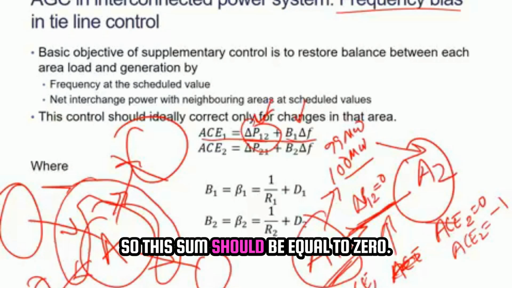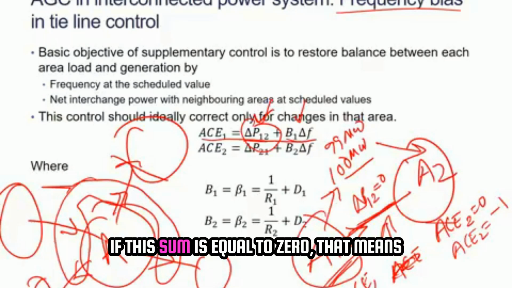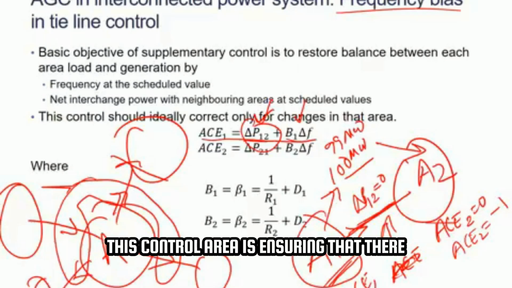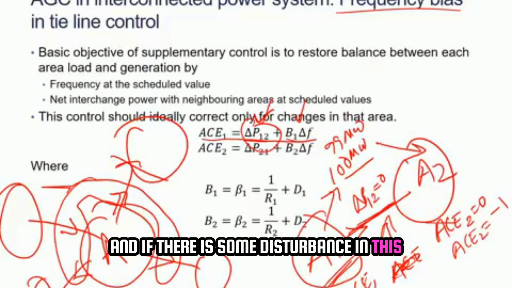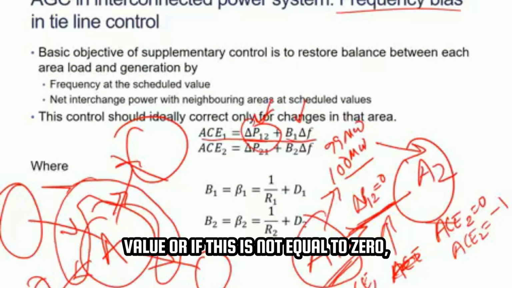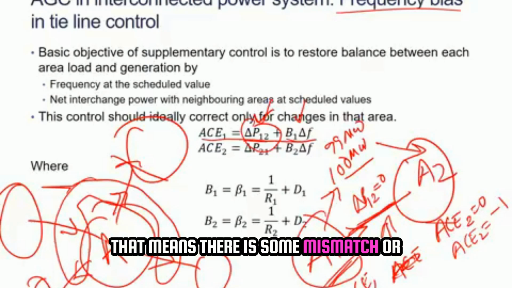So this sum should be equal to 0. If this sum is equal to 0, that means this control area is ensuring that there is no disturbance within its own area. And if this is not equal to 0, that means there is some mismatch or some issue within that area. So basically, every area is responsible for its own area control error.